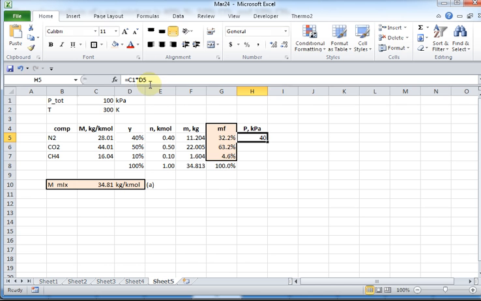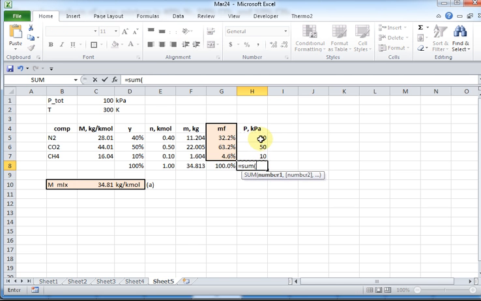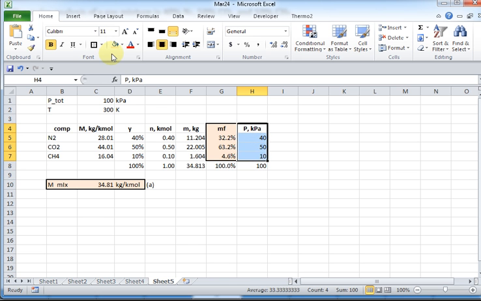So we'll just lock in C1 so it doesn't change, and then we'll drag this down. If I do a sum of all of these partial pressures, guess what it should be? Back to the total pressure, 100 kilopascal. So this is all, box it, color it, and that's the answer to part C. True?